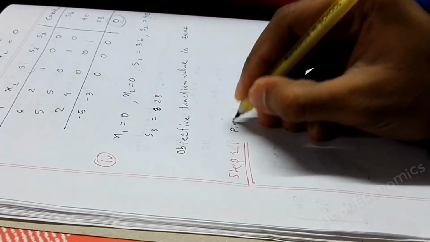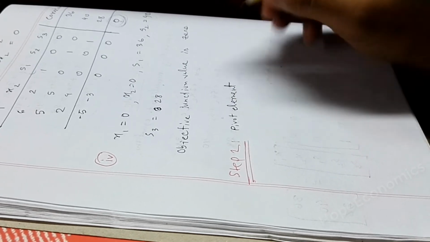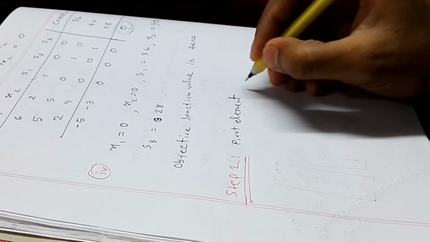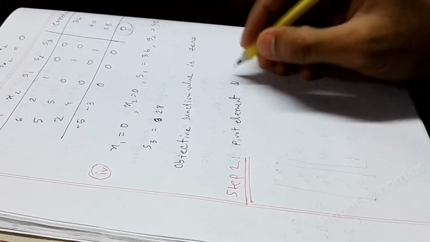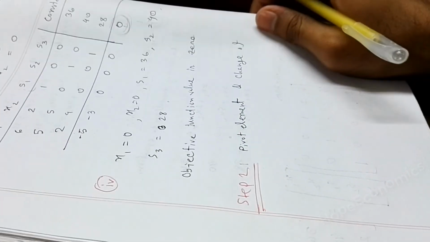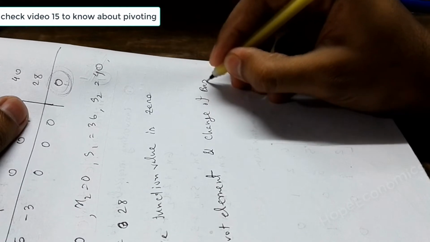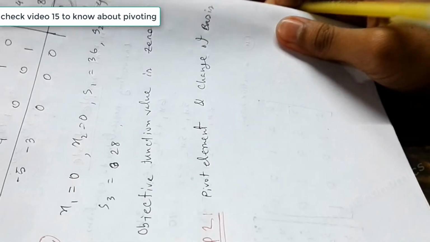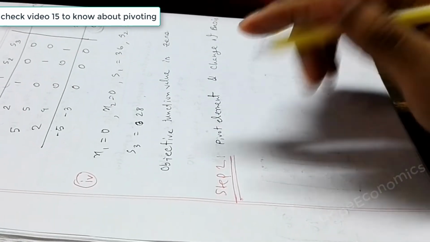Okay, pivot element, and change of basis. This is our step 2, finding the pivot element and changing the basis.